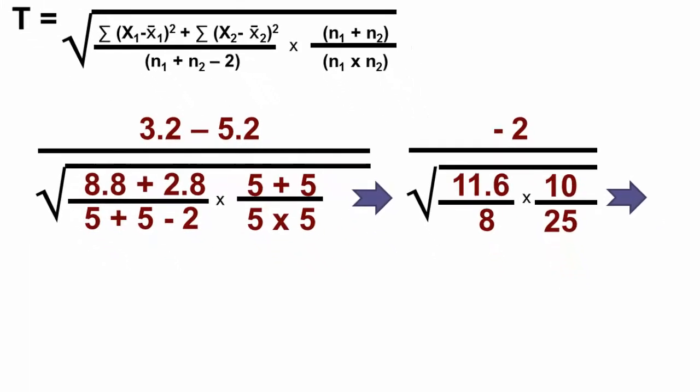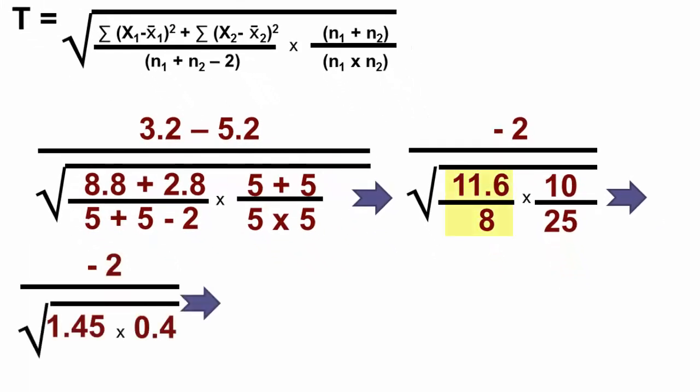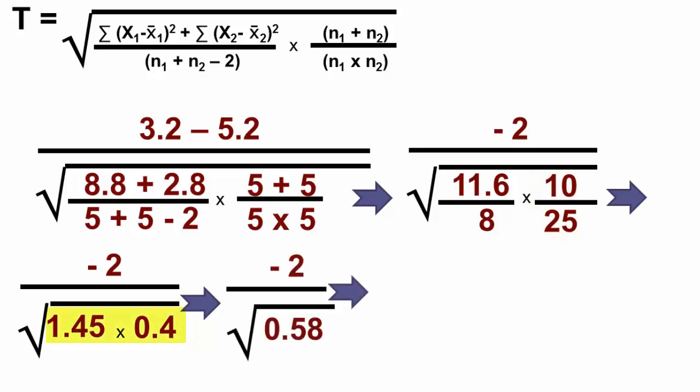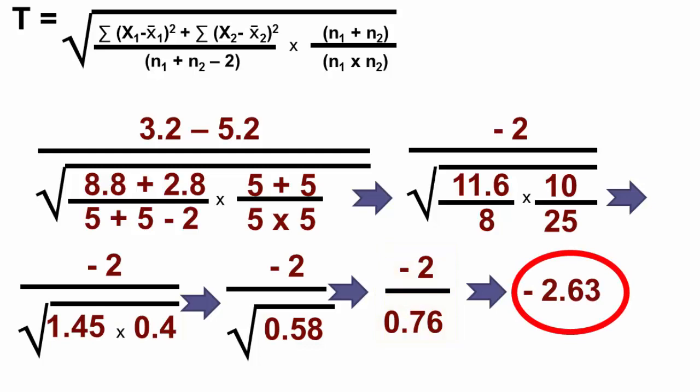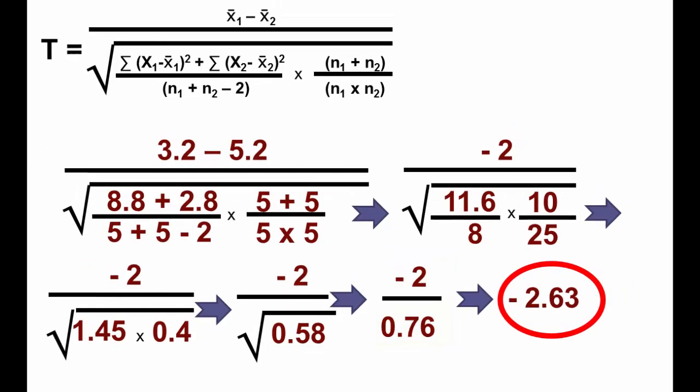Simplifying even more in the denominator, 11.6 divided by 8 is 1.45, and 10 divided by 25 is 0.4. Continuing, 1.45 times 0.4 is 0.58. Taking the square root of that yields 0.76. The final step, negative 2 divided by 0.76, finally yields a calculated t-score of negative 2.63.